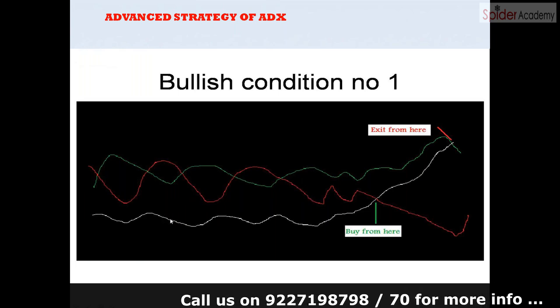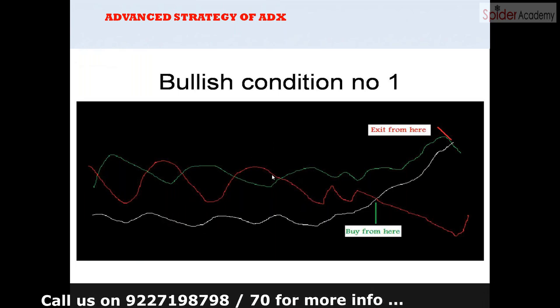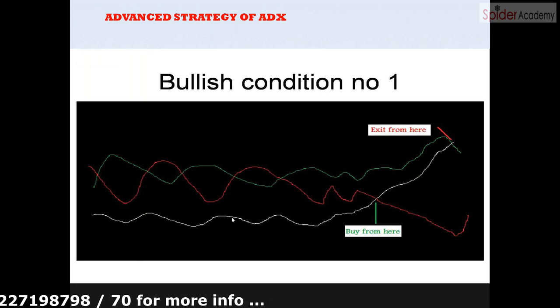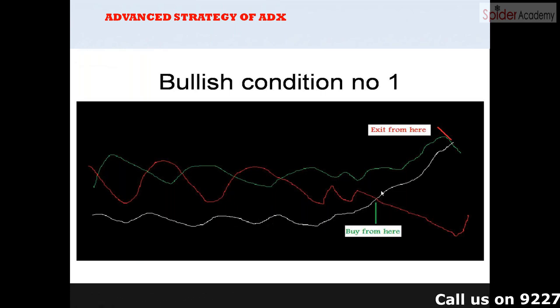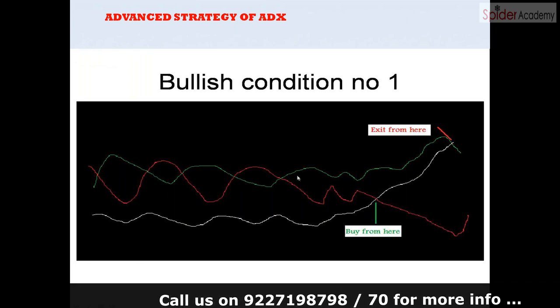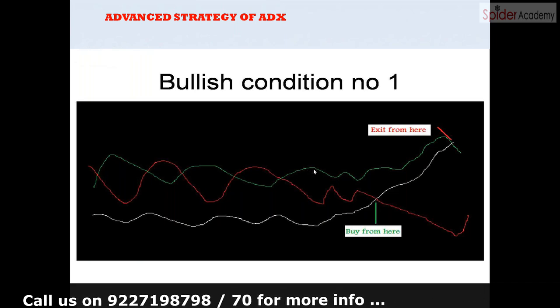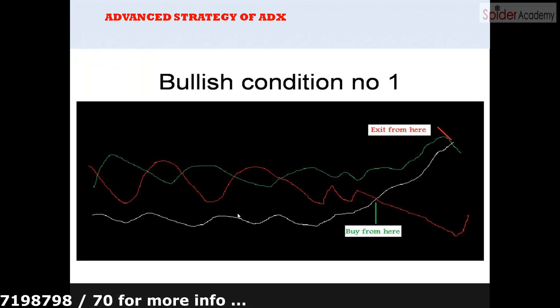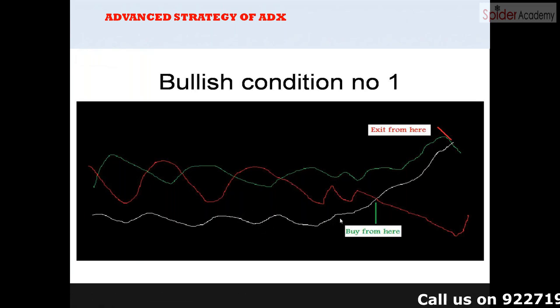The ADX line should be below both the green and red. And when the ADX line crosses the red line from below, it is a buy signal. I will repeat. Green line should be above red line, ADX line should be below both the green and red, and ADX line should cross the red line from below.